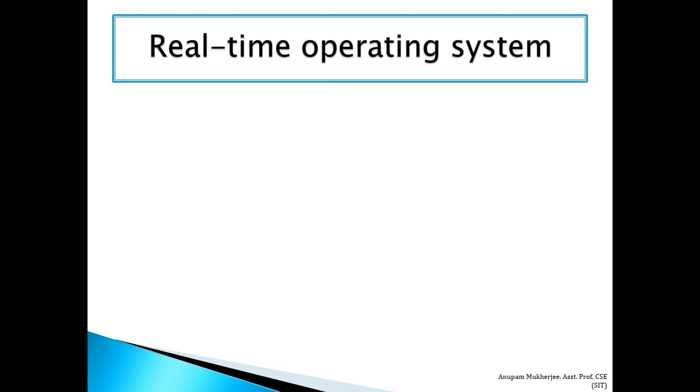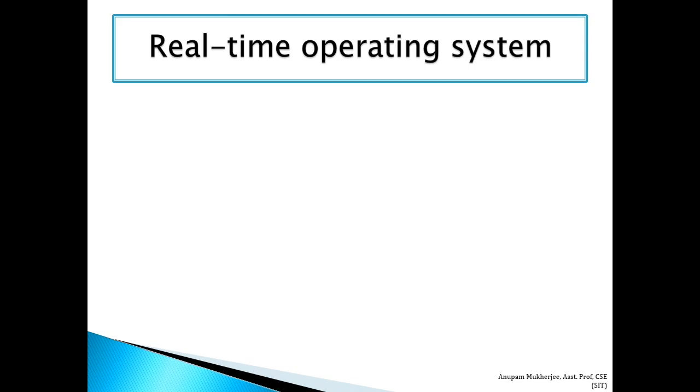Otherwise, it will cause huge damage, huge financial losses, or sometimes loss of human lives. In this situation, a real time operating system is very useful. Say, in a critical care unit, the entire monitoring system is based on RTOS.